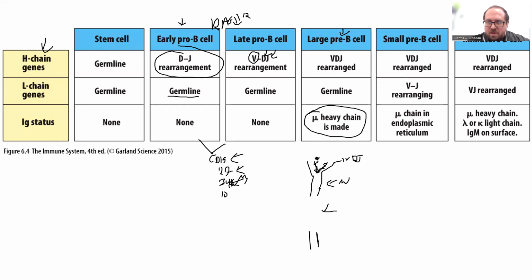So in reality, at this point, you have something that looks like this. It's all just heavy chain with the mu Fc region, and the Fab region is just VDJ rearranged.